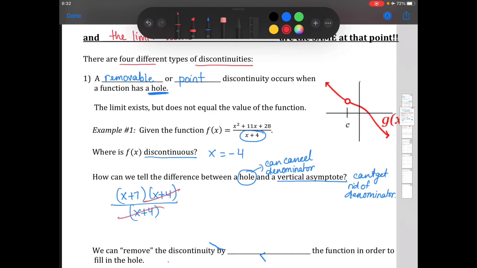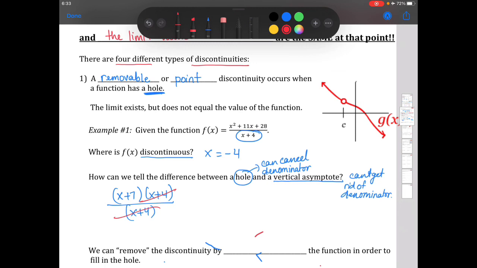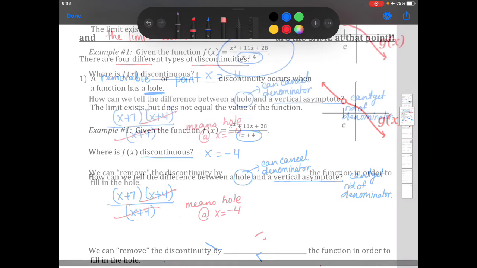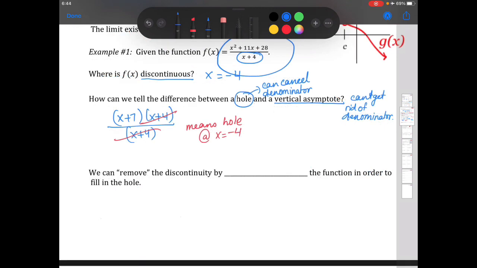I was able to cancel the denominator. That's what I meant by canceling the denominator. This means there's a hole at x equals -4. So I actually removed my discontinuity. It got cancelled, and that's why there's a hole at x equals -4.